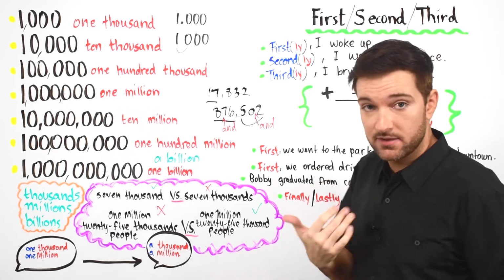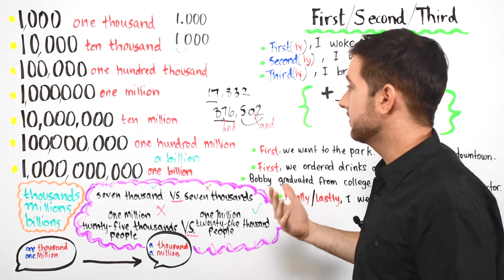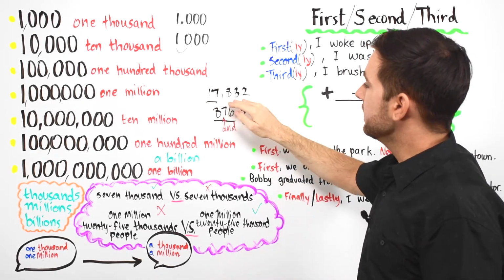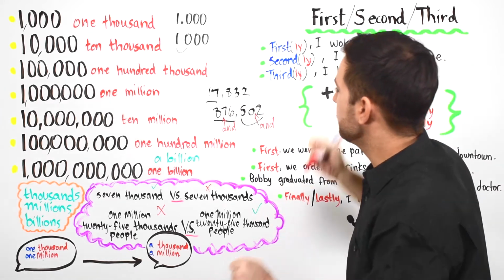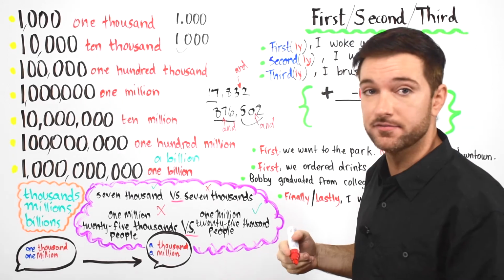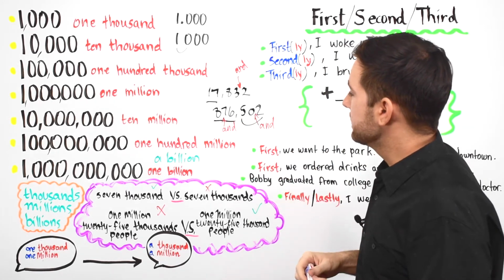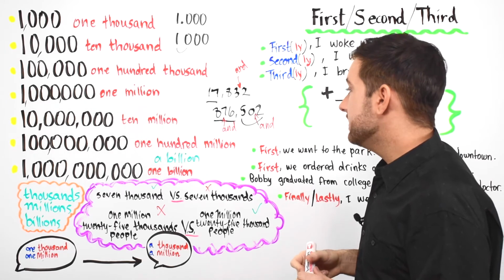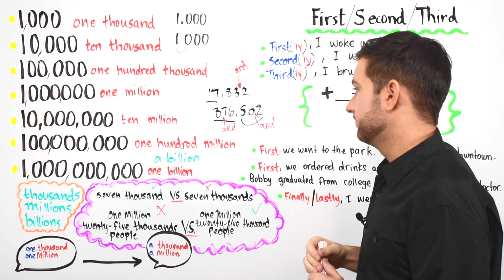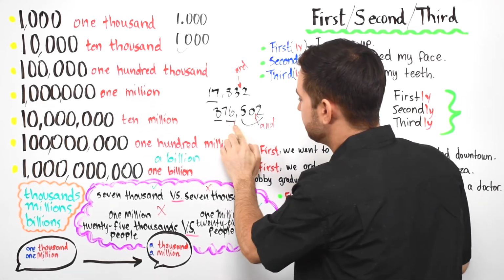For me, for example, if I see a number like this, I would say it like this: 17,832. Okay, so I would typically put and right here. How I speak. I'm from California, okay? For this one, I would say 876,502.